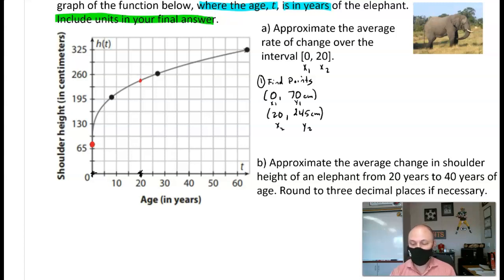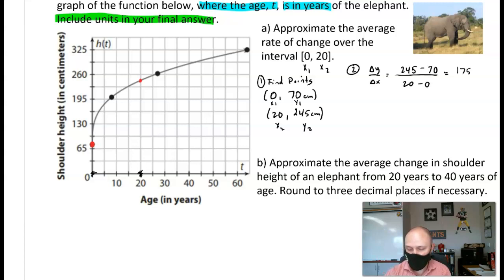After you have your points, you calculate delta y over delta x. Our y values, 245 minus 70, divided by 20 minus 0. If you have a calculator, you can compute that, or compute it by hand.